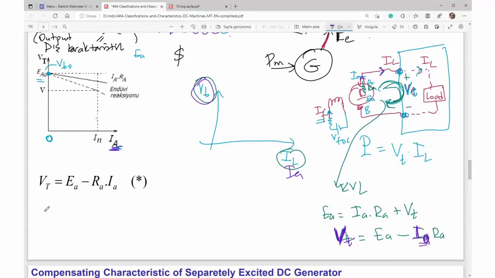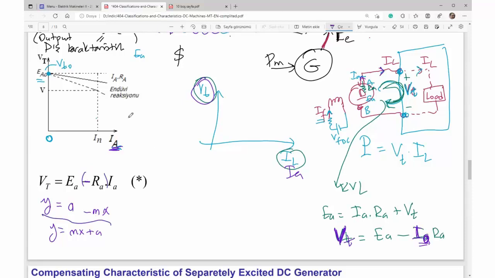Remember your high school math theory. Y is equal to mx plus a, but here m is negative, you see. So that is a line equation.